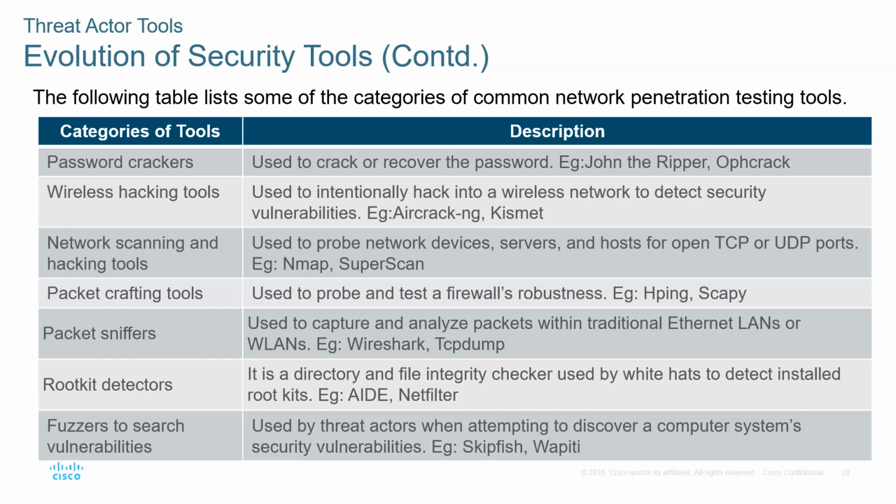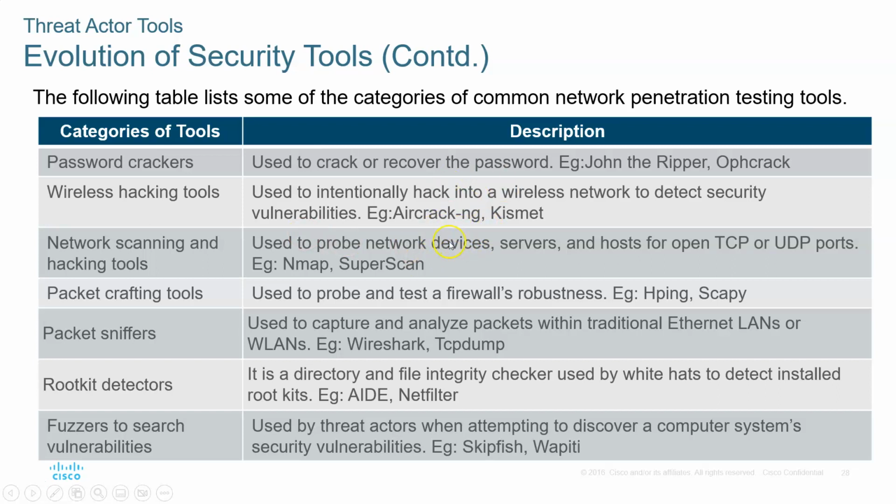So please take a screenshot of this. These are the different tools that they use. You've got password crackers. If you are an ethical hacker and you want to use a password cracker, you look for programs such as John the Ripper or Ophcrack. For wireless hacking tools, you may use Aircrack-ng or Kismet.